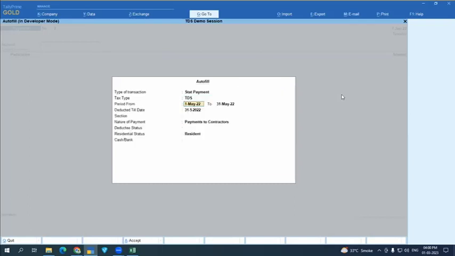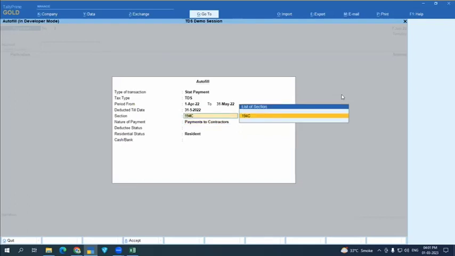Okay, TDS. Now Tally is asking me from which period I am going to consider all vouchers. So I am telling it from 1st April to 31st May, consider all my bills, all TDS payable amounts for this Challan. So deducted till date 31st May. Yes, it is asking for the section, which is 194C. Here is one note for you all.